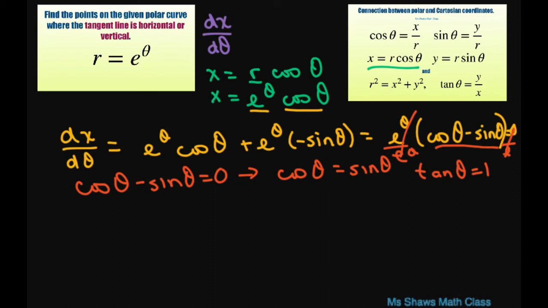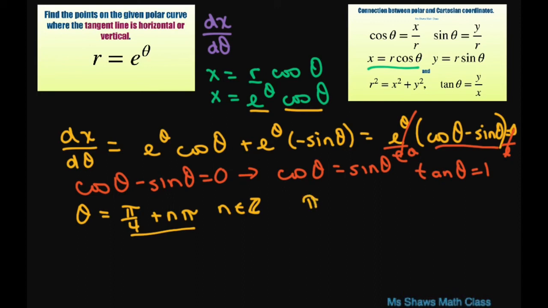All right, since we have that, tan of theta is 1 when theta equals pi divided by 4 plus n times pi, and n is any integer. Therefore, let me just rewrite this and factor out a pi.